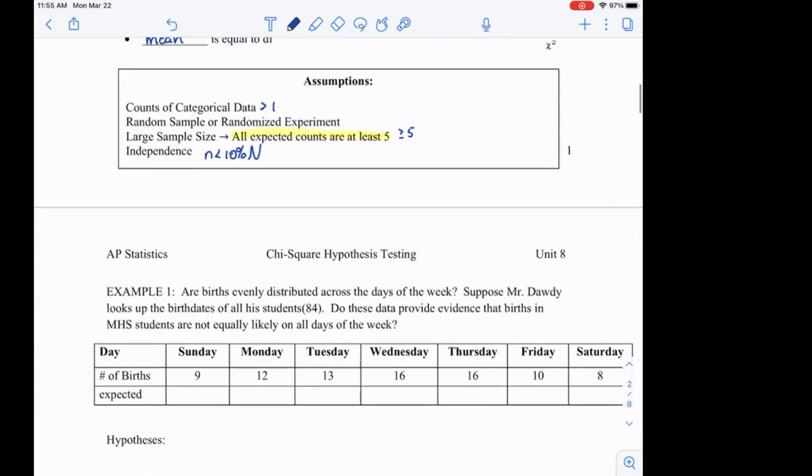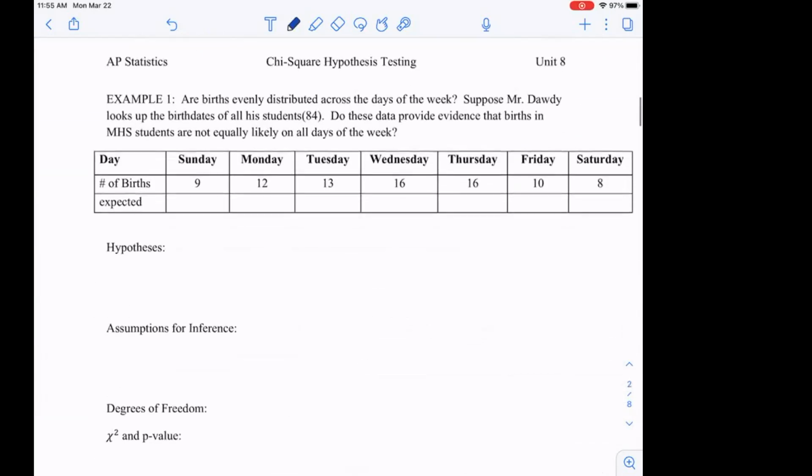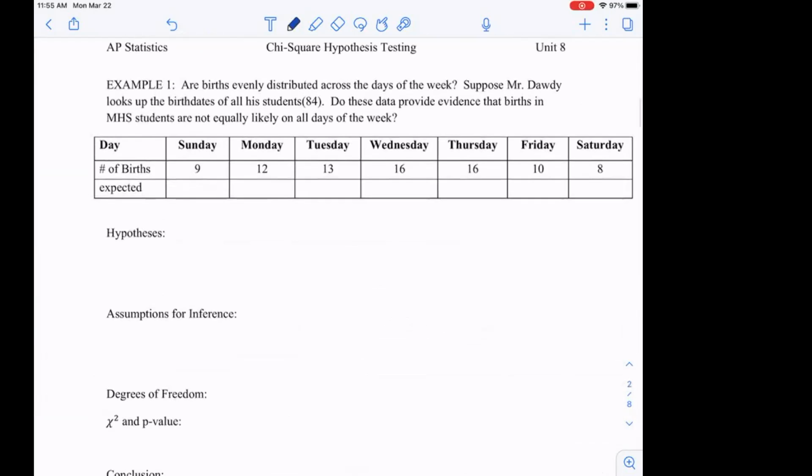Let us go try to do a chi-squared test. In example 1, our question is, are births evenly distributed across the days of the week? Suppose Mr. Dottie looks up the birth dates of all my students, ages 84. Do these data provide evidence that births of MHS students are not equally likely on all days of the week?